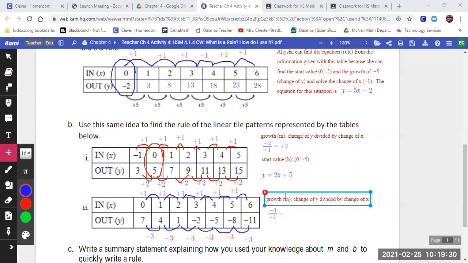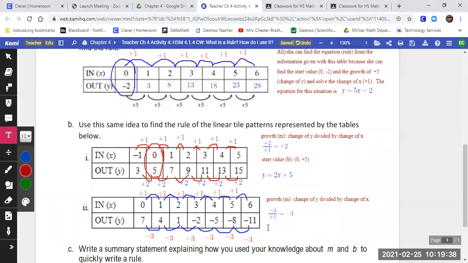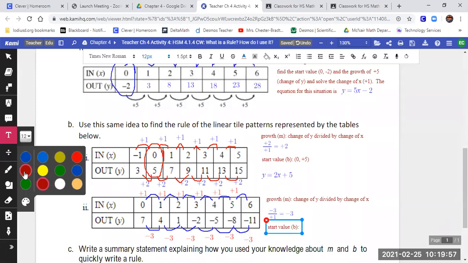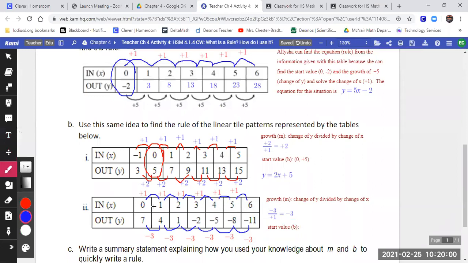Where's our beginning? Where's our start? What is our start value? Mm-hmm. 0, +7 right here.